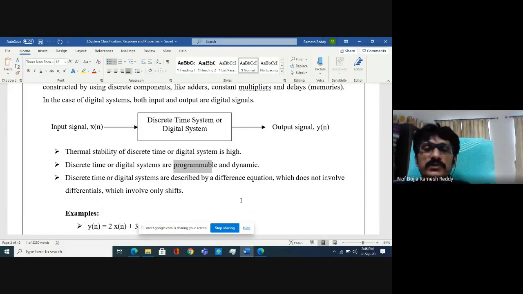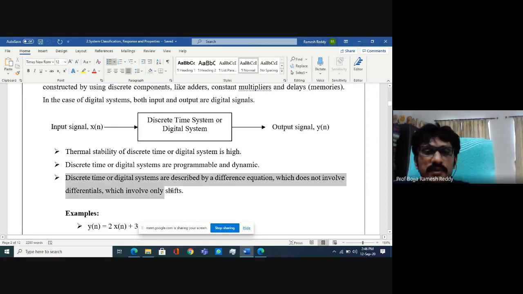If you want to change the output gain, like from 20 dB to 30 dB or 40 dB, by changing a simple parameter in the program or logic, we can get the design of some other system, and these systems are dynamic in nature.